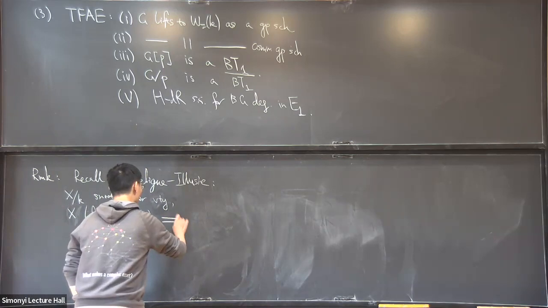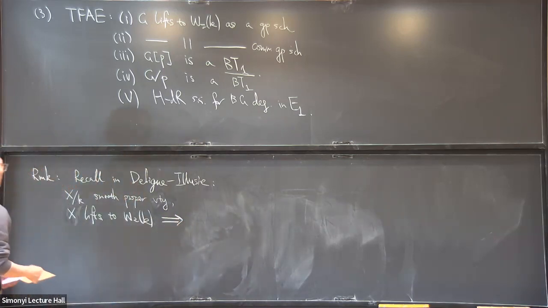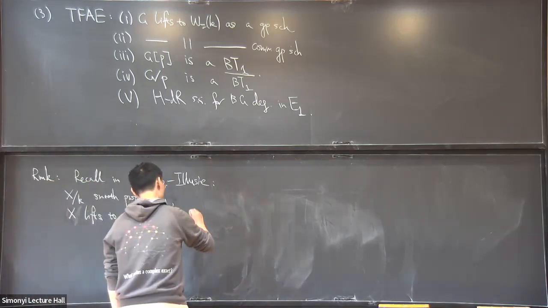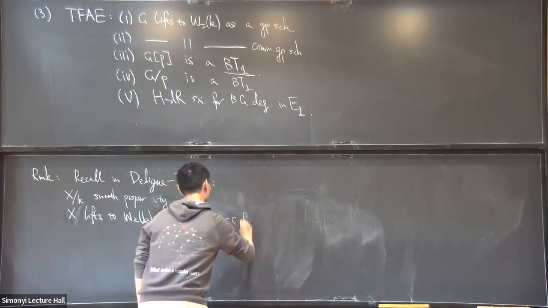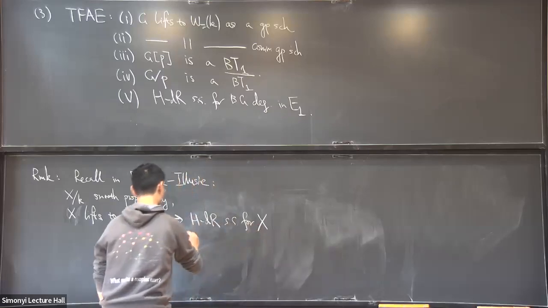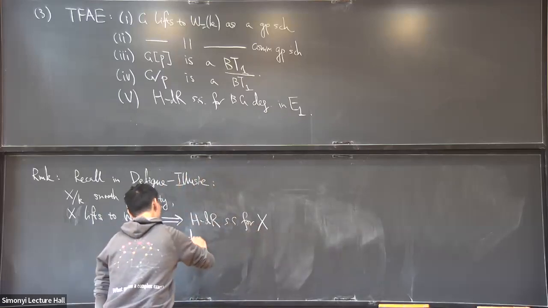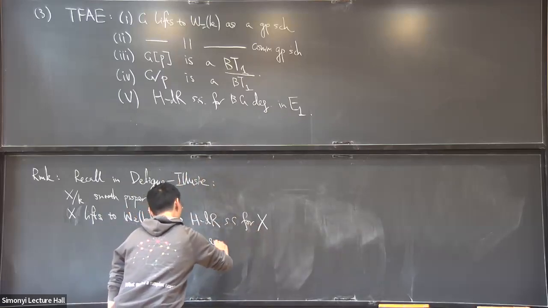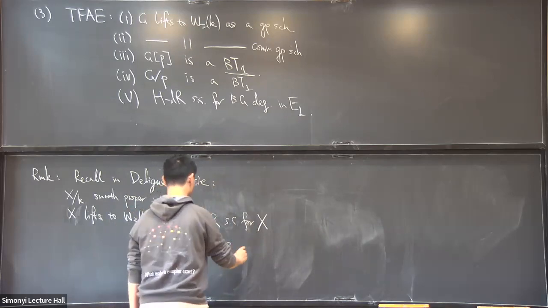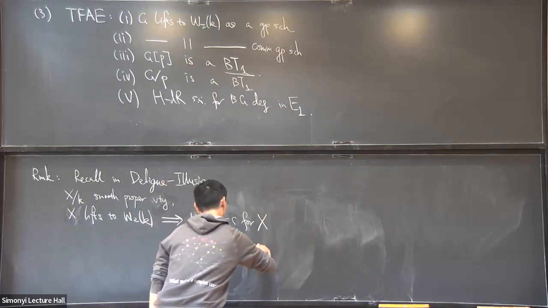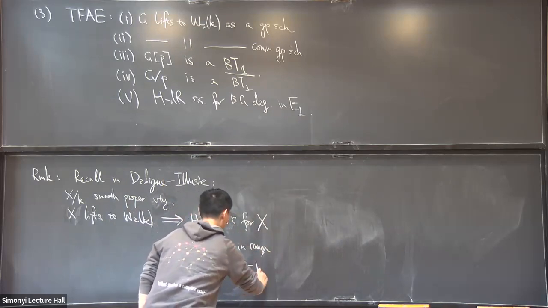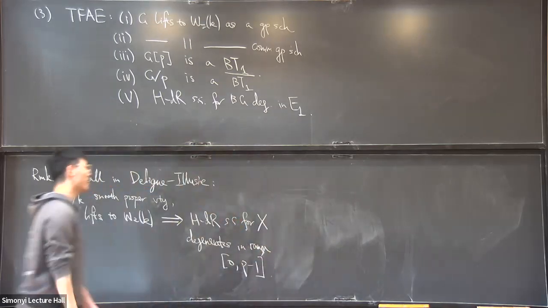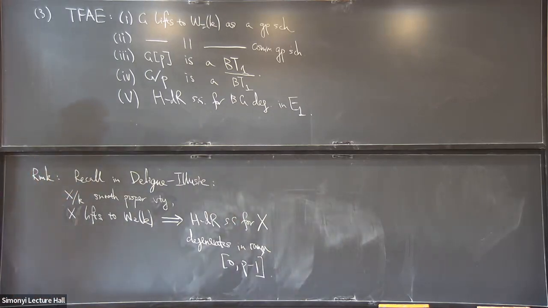Then this will imply that the Hodge to de Rham spectral sequence for X, well, it sort of degenerates in a range. In the following range from 0 to p minus 1, suitably interpreted, right?